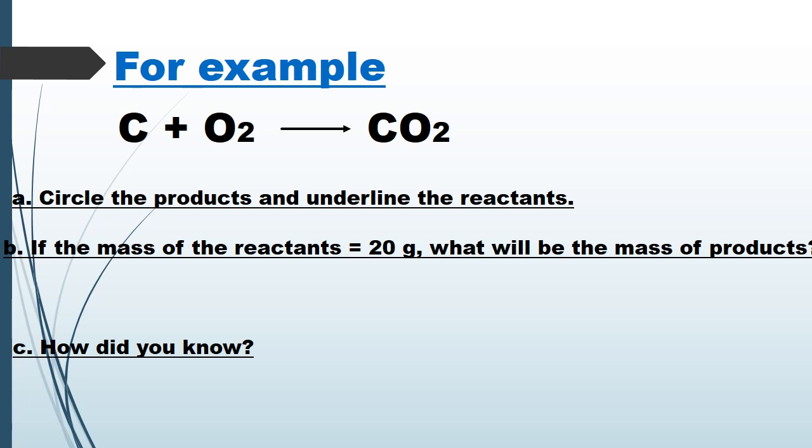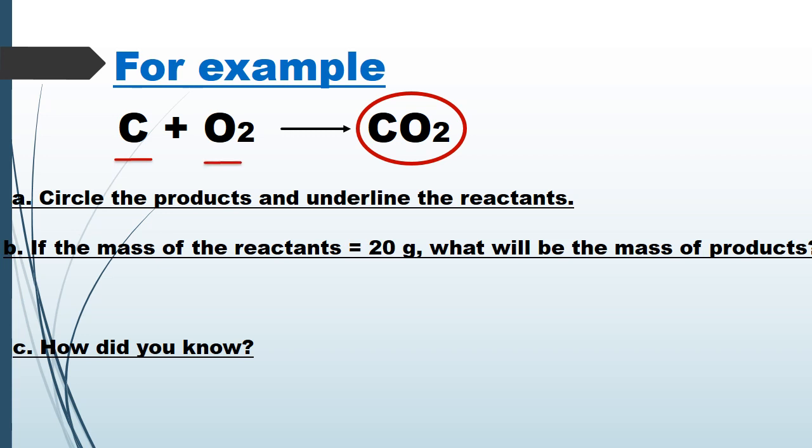For example, carbon plus oxygen, these are the reactants. They produce carbon dioxide. Circle the products and underline the reactants. So the product is carbon dioxide. The reactants are carbon and oxygen.